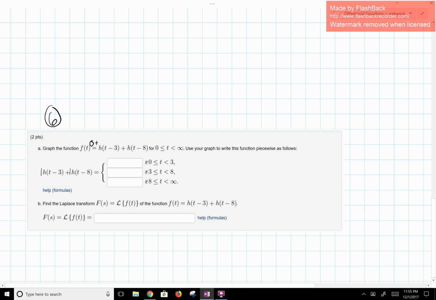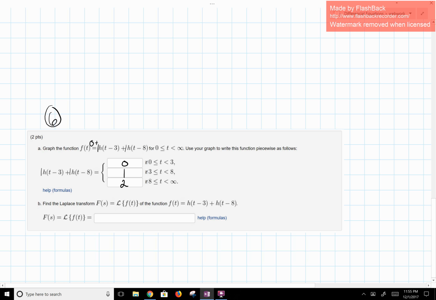So we're just going to add that in to make it easier to understand what's going on here. So we have 0, and then we have a 1 in front of this h and a 1 in front of this h, and we know that it's cumulative. So we're going to put a 1 here, and we're going to add 1 to 1 to get 2.